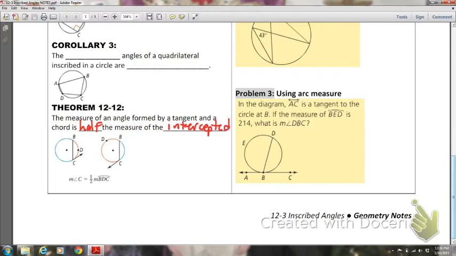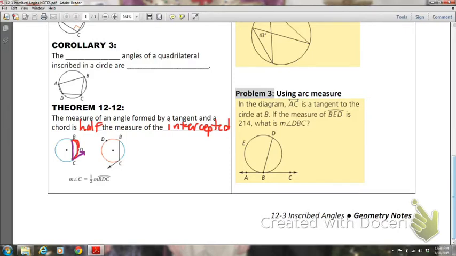The measure of the angle formed by a tangent, where a tangent only touches a circle in one point, and a chord is going to be half of this intercepted arc. So there's the intercepted arc.